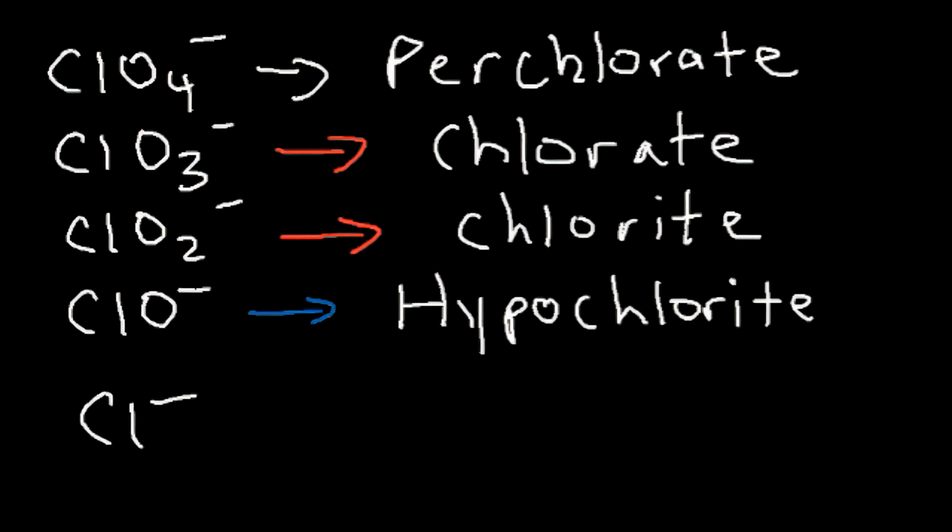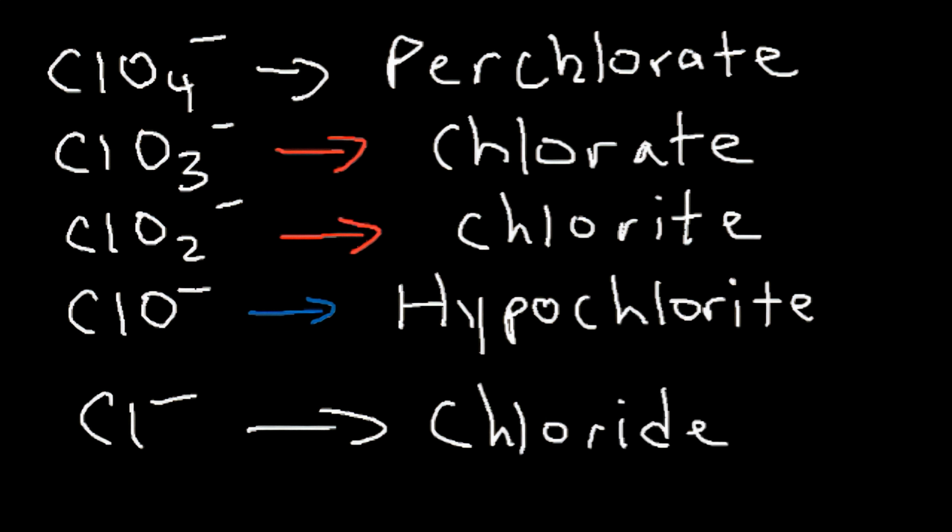Cl minus is a monoatomic ion. It's an ion composed of 1 atom. Monoatomic ions usually have the suffix ide. When you see that, there's no oxygen attached to it. When you hear the words ate and ite, typically that element has some number of oxygens attached to it.